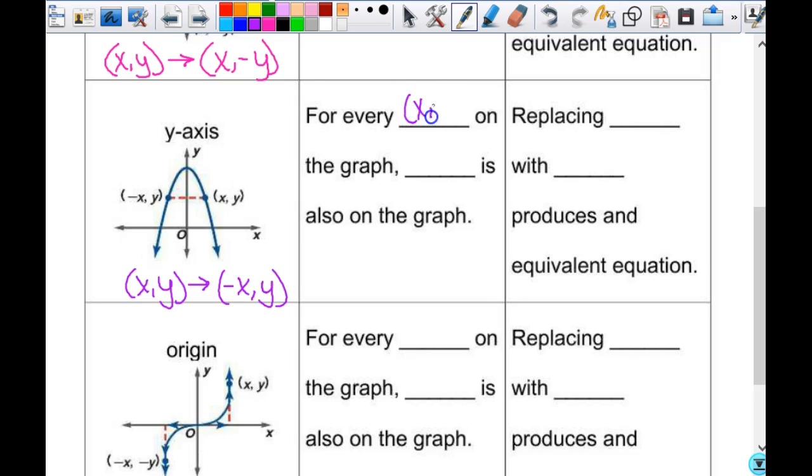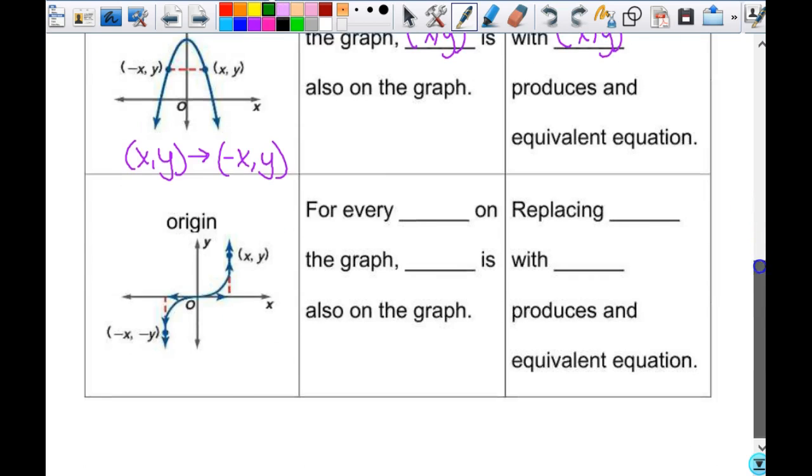So for every (x, y) on the graph, you get (negative x, y) also on the graph. Which means the algebra test is you replace every ordered pair (x, y) with (negative x, y), and the equation should be the same in the end. If the equation's not the same, then it doesn't have y-axis symmetry. Okay? We good? All right.